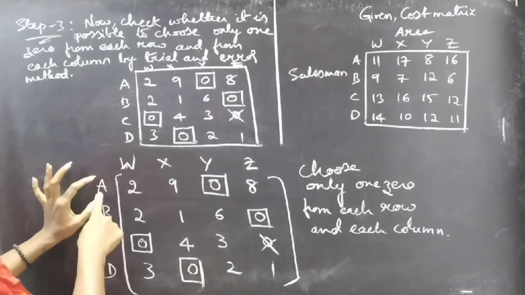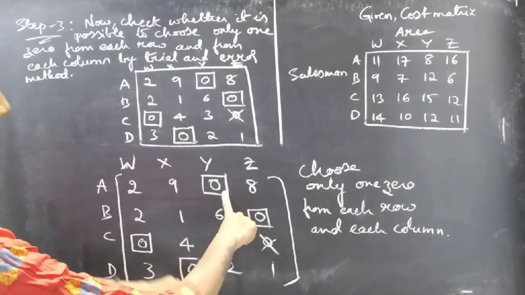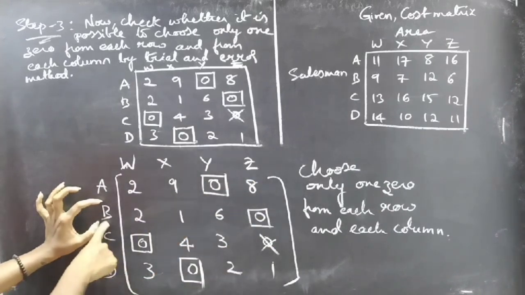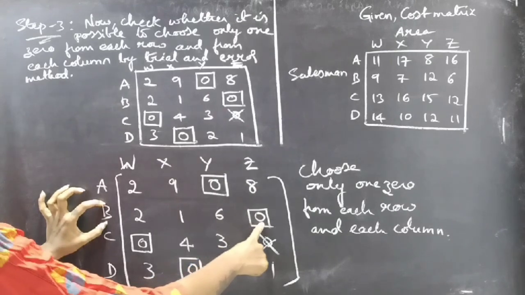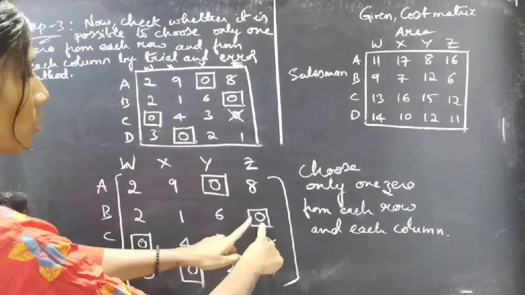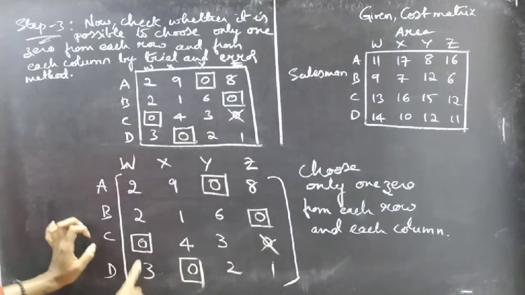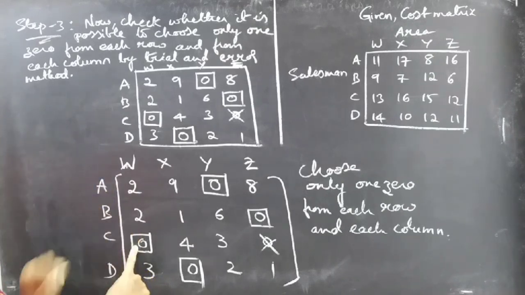See, if you consider column A, we have one 0 in this row, and in column Y we have one 0 which is assigned. Likewise, in the second row we have one 0 which is assigned, and in Z also we have assigned only one 0. In the third row we have assigned one 0, and in W also we have one 0 which is assigned.